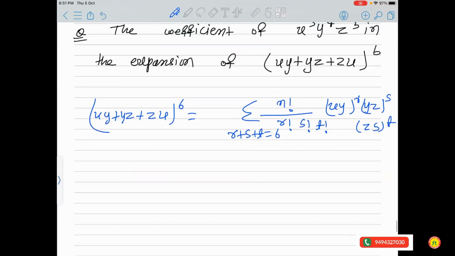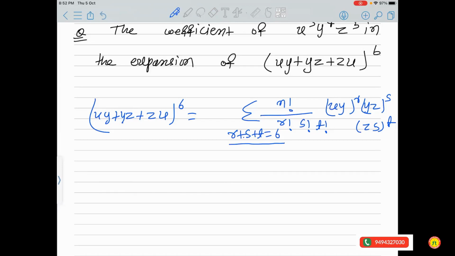We know, if (x plus y) power 6, it means if x square y power 4, you can also write 2 plus 4 equal to 6, right? You can write like that. So power (xy) power r, (yz) power s and (zx) power t means r plus s plus t, sum of all powers equal to 6, maximum is 6. Like that in multinomial theorem.